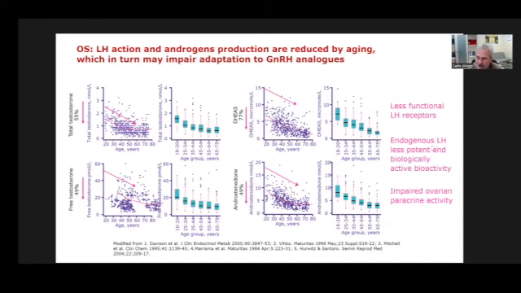The endogenous LH is less potent from a biological point of view, and the amount of androgens in the follicles is lower. So if you imagine a patient who is 36, 37, or above years of age, you have low LH activity, low androgen levels in the follicle. We suppress with agonists or GnRH antagonists. We run the risk that the LH support is not so efficient.